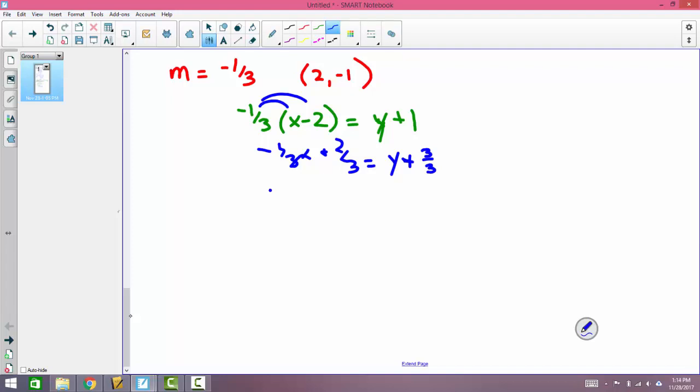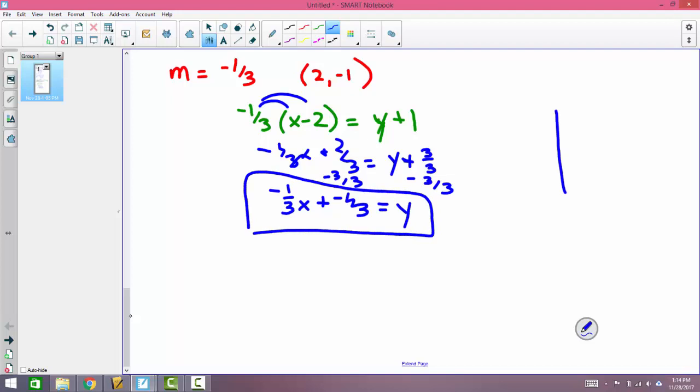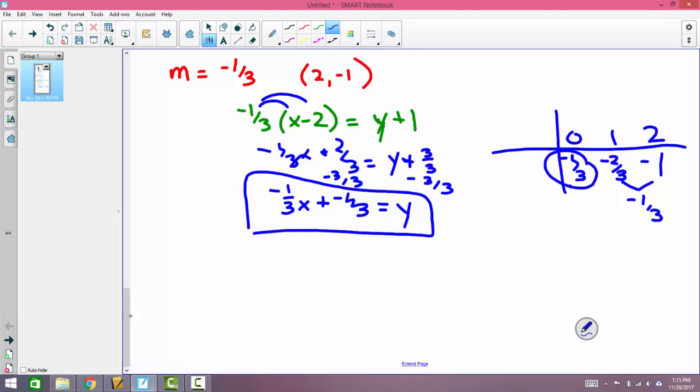So negative 1/3 x plus, if you subtract 3/3, you would get a negative 1/3 equals y. So if 2 gives you negative 1 and you need to find your 0, and as you go up you are losing 1/3, this would be negative 2/3 and this would be negative 1/3. So yes, that does make perfect sense.